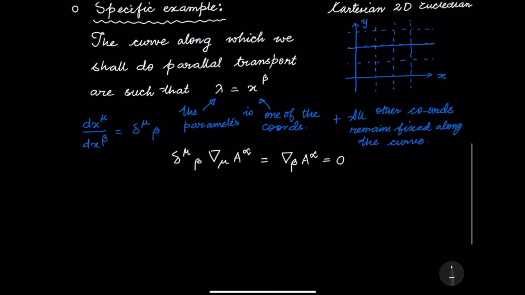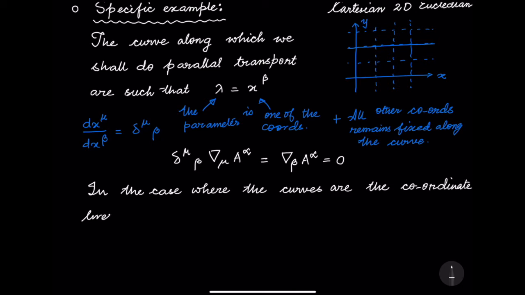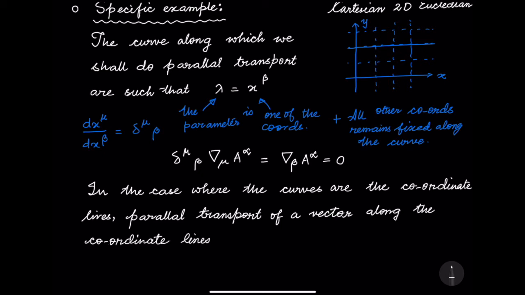So to say that in this special case, where the curves are the coordinate lines, parallel transport of a vector along the coordinate lines, which are coordinate lines of x^beta, requires that the covariant derivative of A^alpha equals 0.